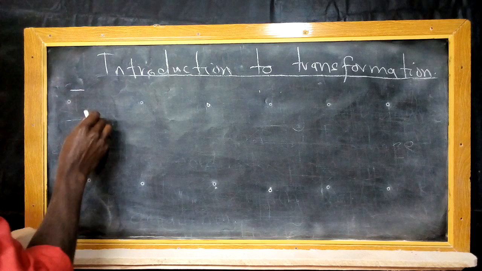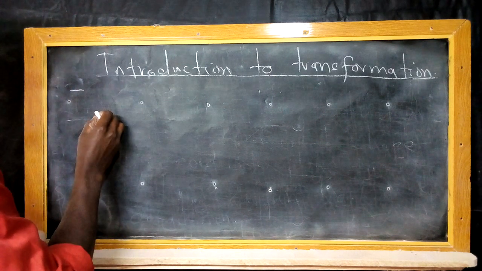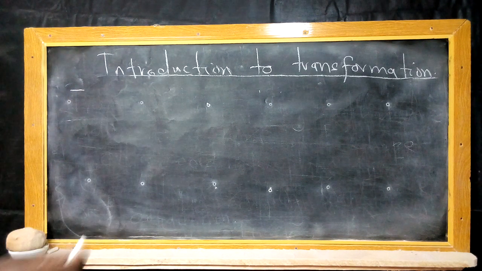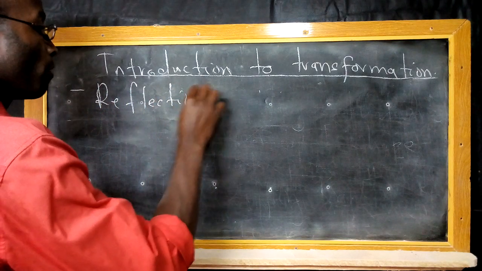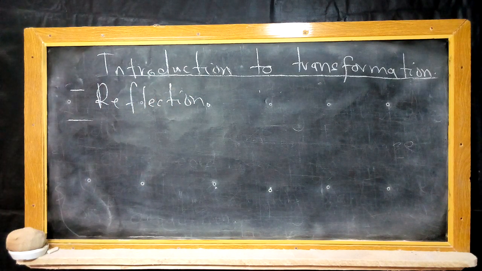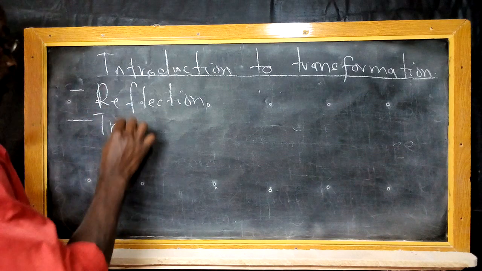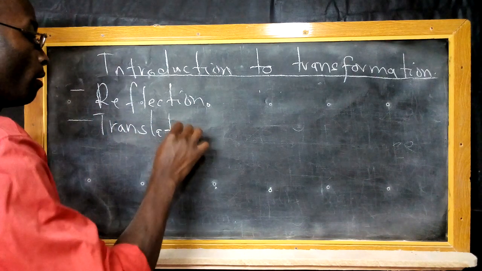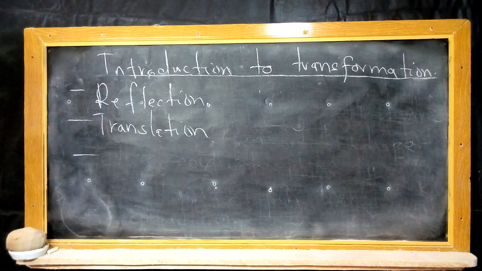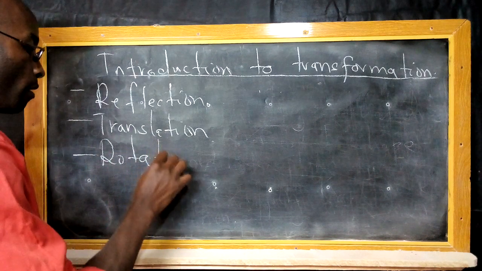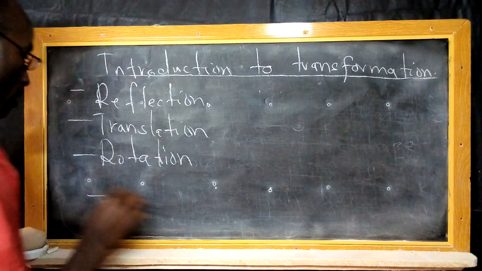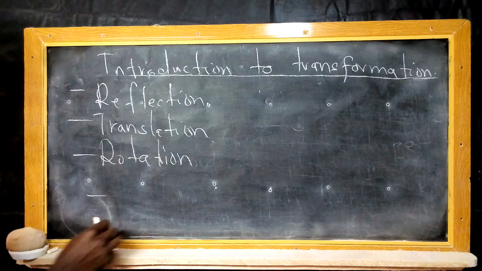We have said that we have four types of transformation, and the first one is reflection. The second one is translation. The third one is rotation. And the fourth one is dilation.